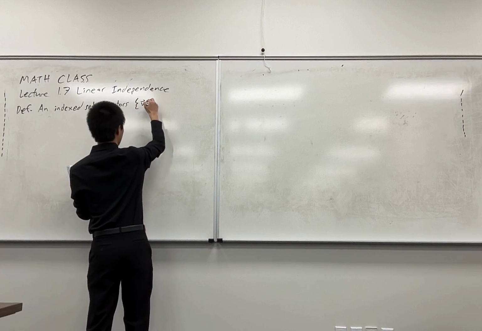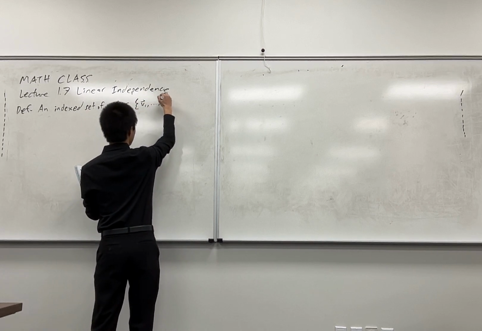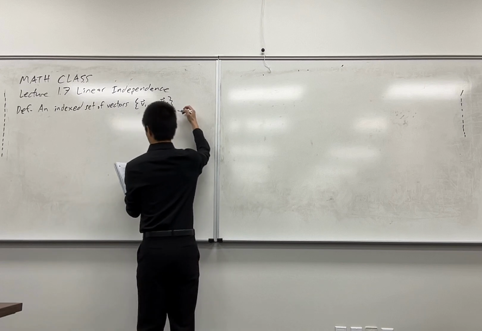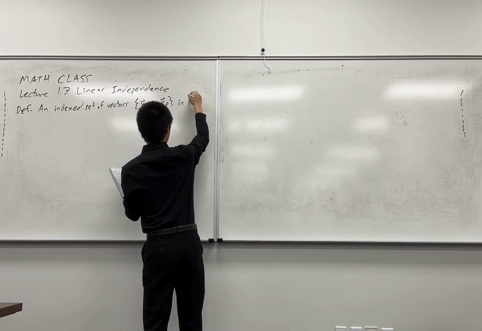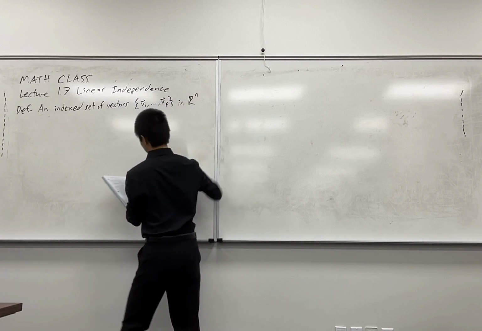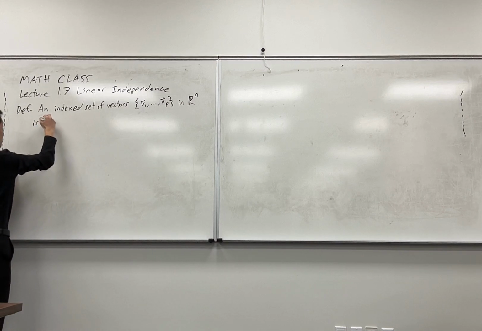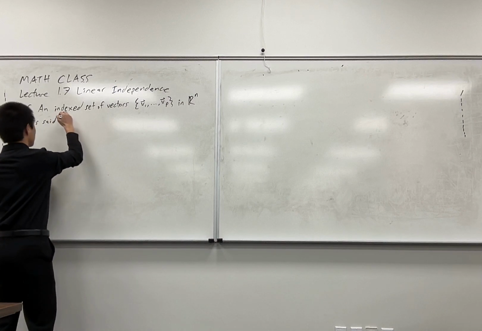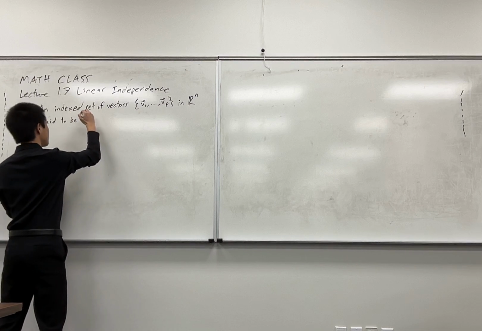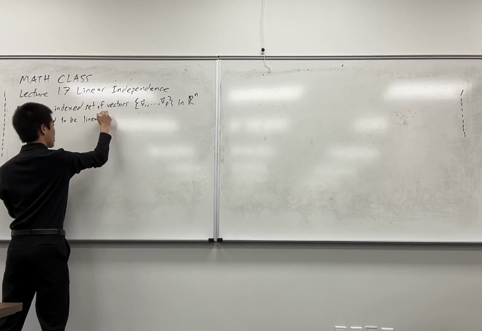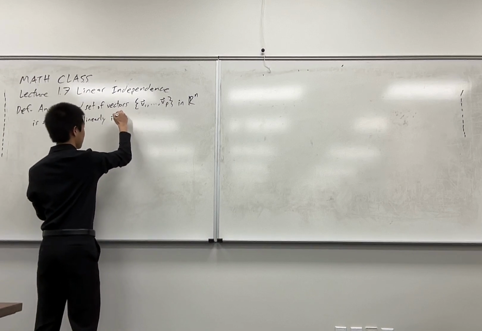And we'll call this, let's have p vectors, so v1 through vp. And then each one of these vectors is going to have n entries, let's say. So R^n is said to be linearly independent.